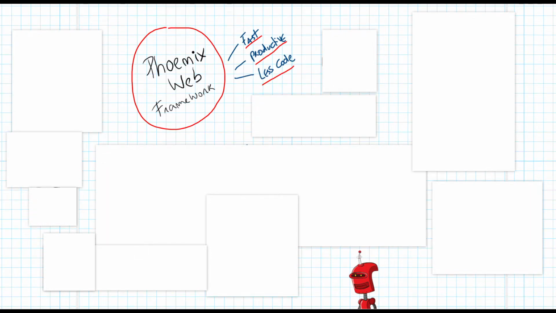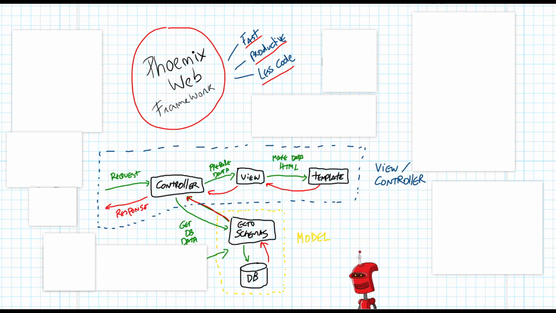So it's basically kind of a model view controller pattern with some functional ideas built in, where you have a controller module that handles the HTTP requests. You have a view that basically will conceptualize what the response will be to the user and then call a particular template to represent that response to the user or to the browser in this case.